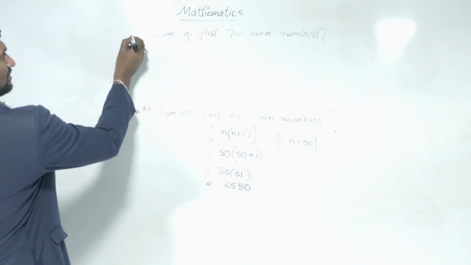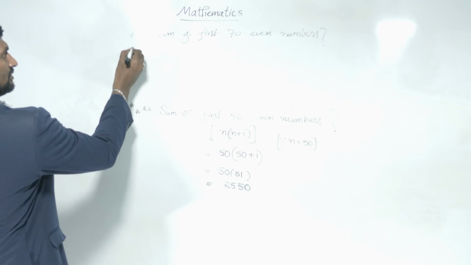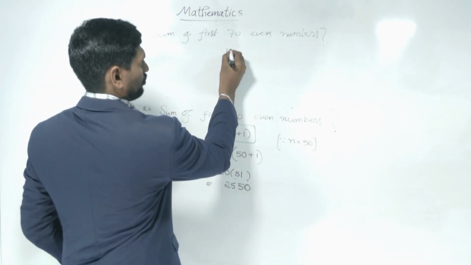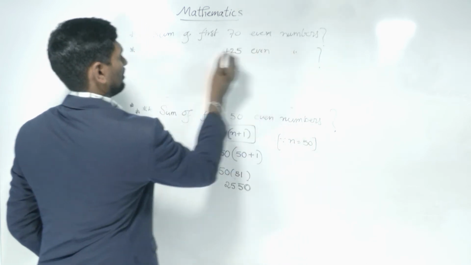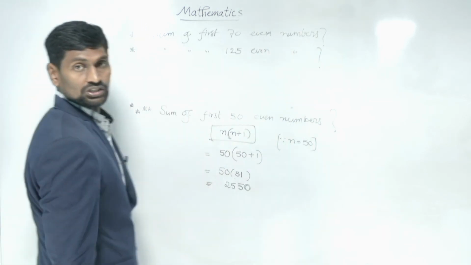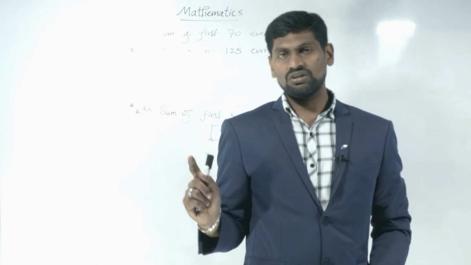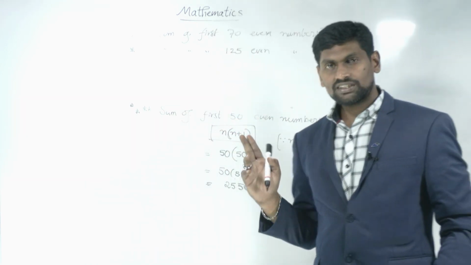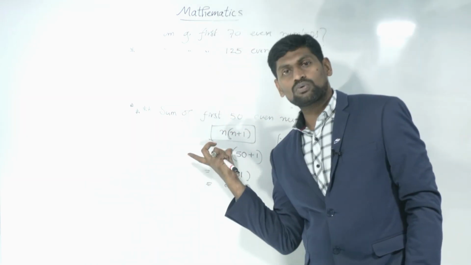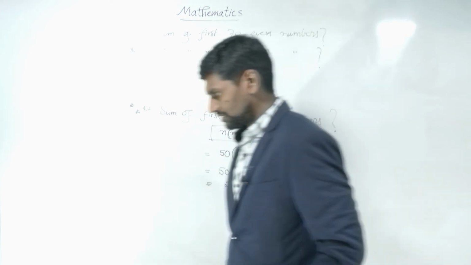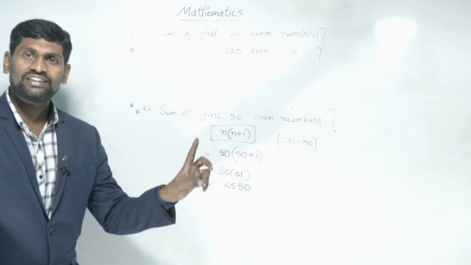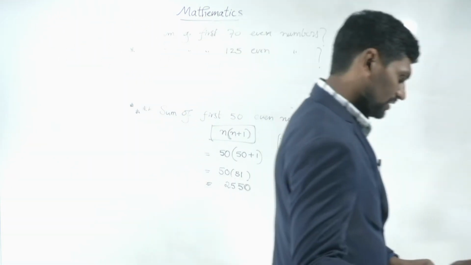Find the answer, children. That is one answer. And the sum of the first 125 even numbers. Do these two sums. I am giving you 2 minutes to complete, because I already told you how to find the answer. By using the formula, very easy. Here you should know only addition and multiplication, 2 operations we are using. Do it.